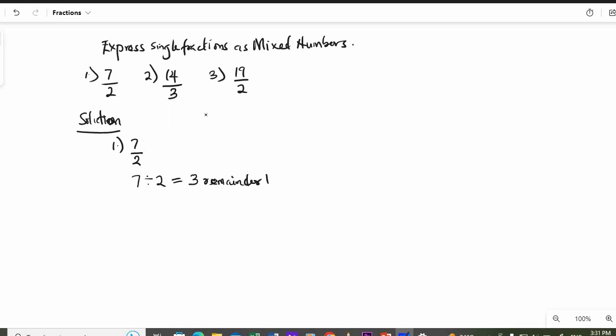Okay, right? How is the remainder 1? Now the remainder is 1 because 3 times 2 equals 6, and 7 minus 6 equals 1. So that's how we know that 7 divided by 2 equals 3 with the remainder of 1. Okay, so that's pretty straightforward, right?